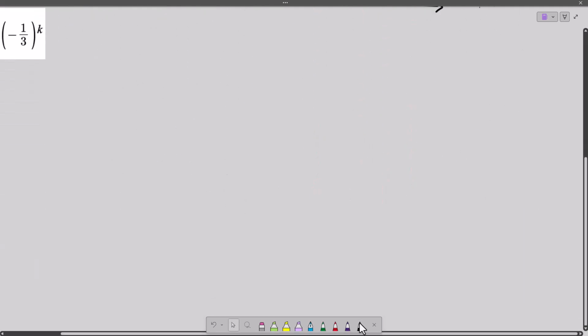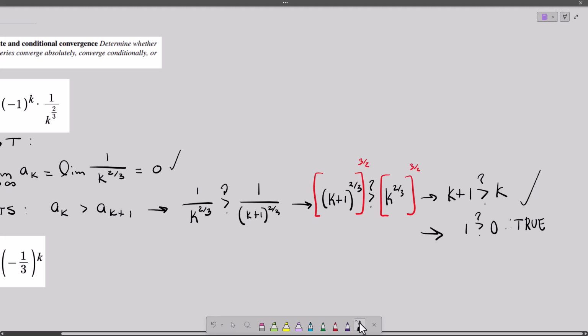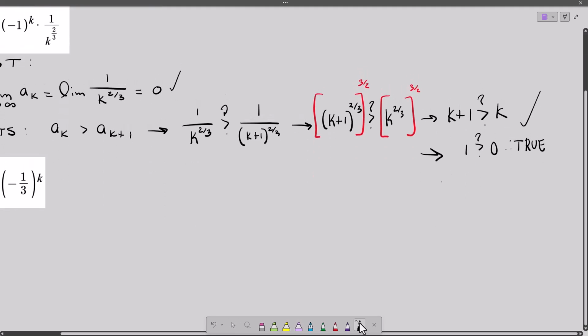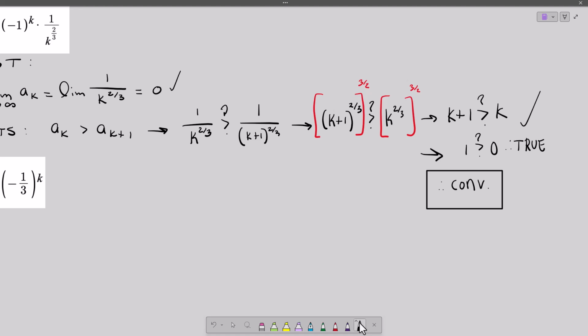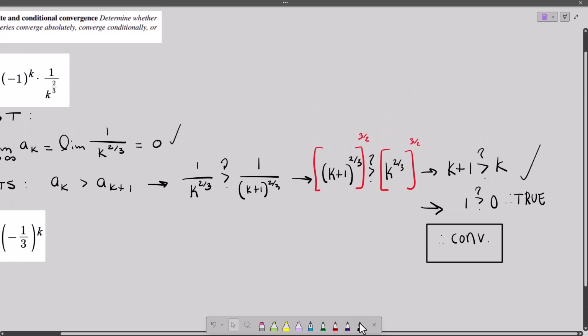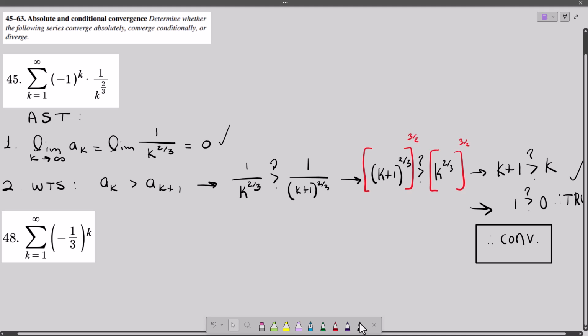So that checks. Ooh, slow down. So that checks. So this tells us that we have a convergent alternating series. So the series as presented, the series a sub k, converges. Alternating series test.